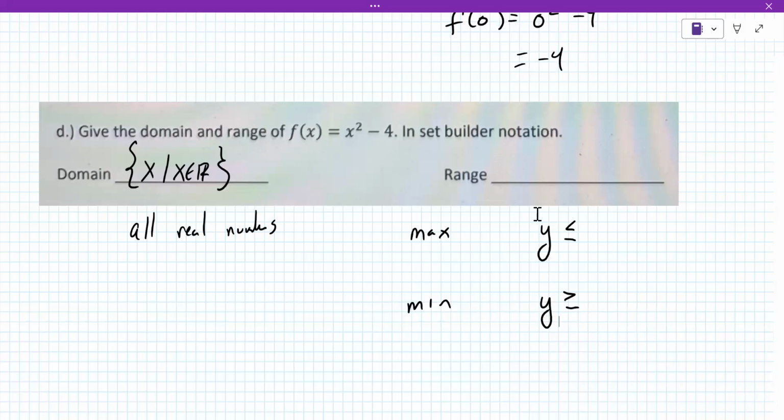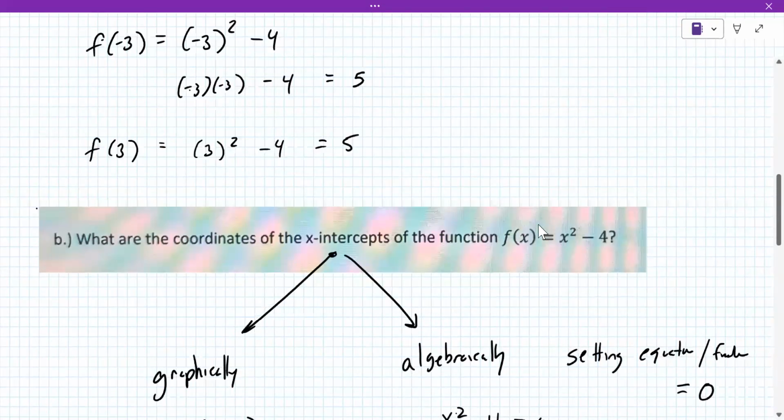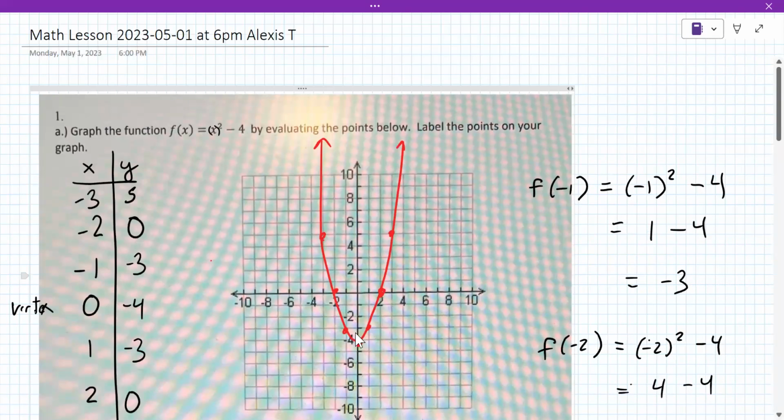Okay. So let's go back and look. Does this have a max or a min at the vertex? Max? At the vertex. Like, have you ever been hiking in Tucson? No. No hiking. Okay.